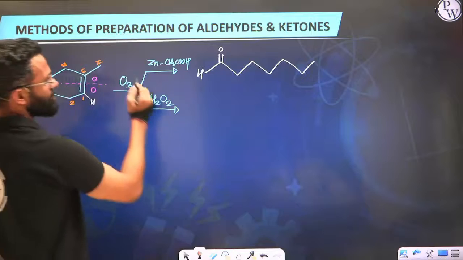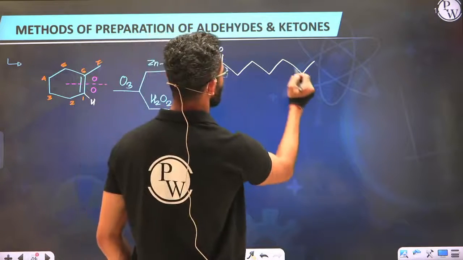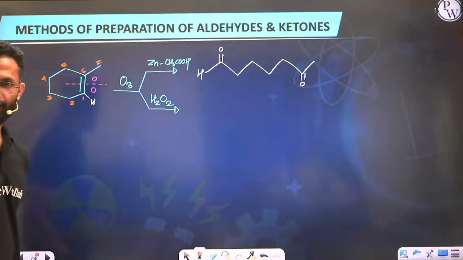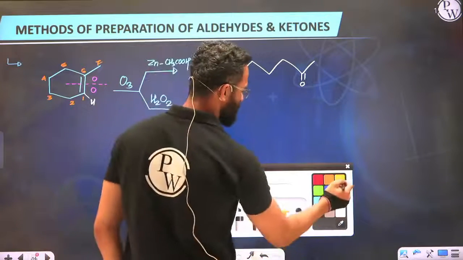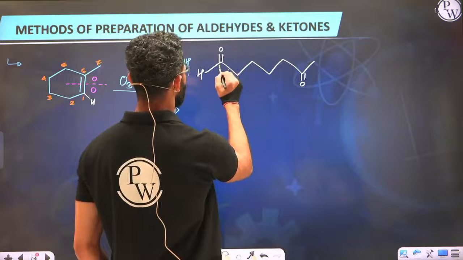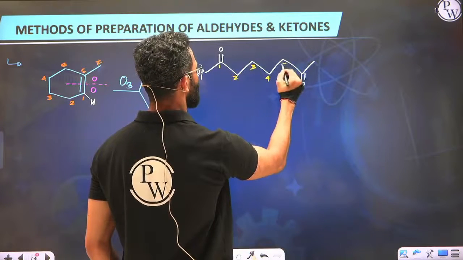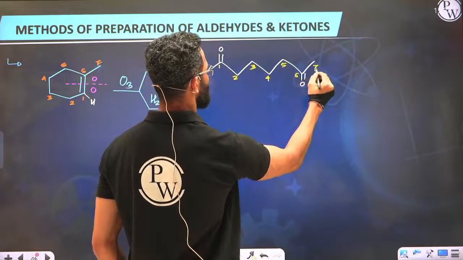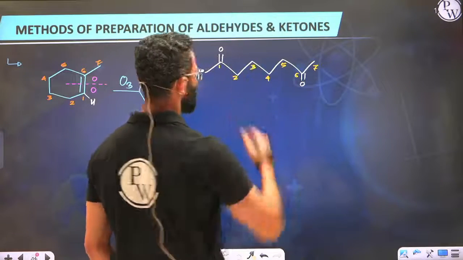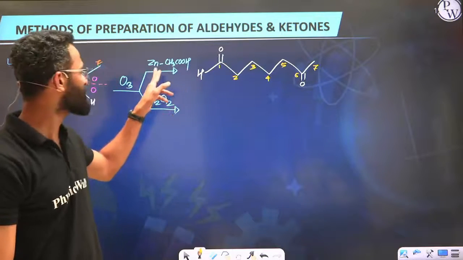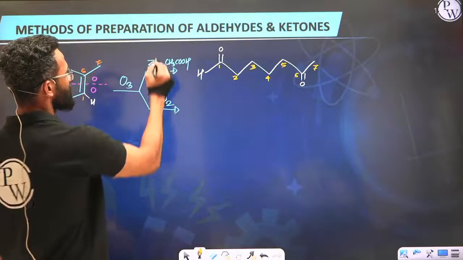At 6 carbon it is ketone. Right everyone? See, if you do numbering, it will be easy to understand. 6 oxoheptanal is the product obtained. So aldehyde is still remaining aldehyde because the condition is reductive, right? So this was the reductive condition.